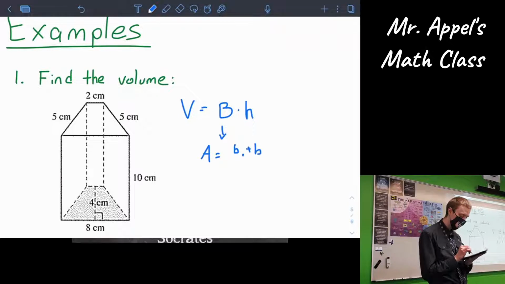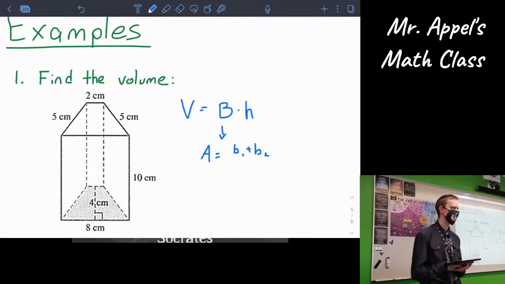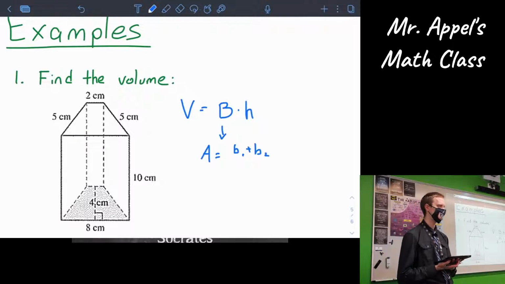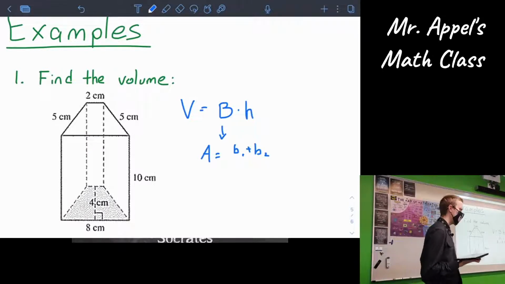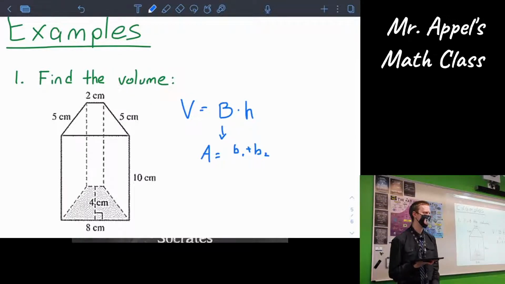B1 plus B2. Anybody else want to help me out? What else was there? Check your notes. You have all these formulas written down somewhere, don't you? This is probably also in the back of your planner, if you've got that.